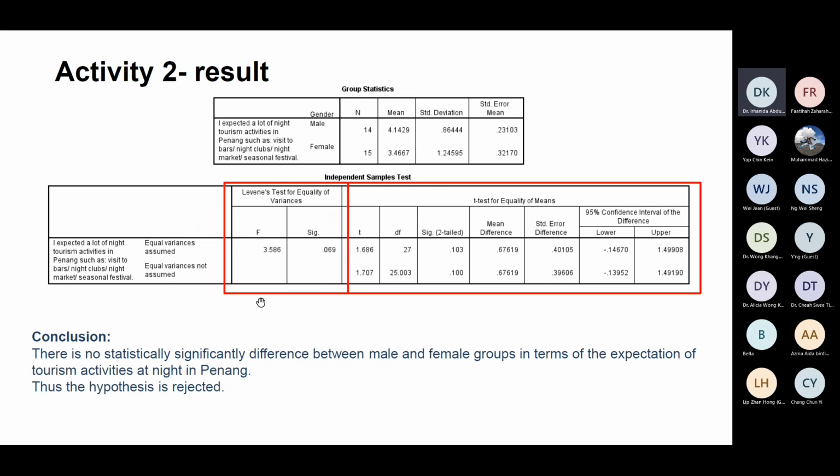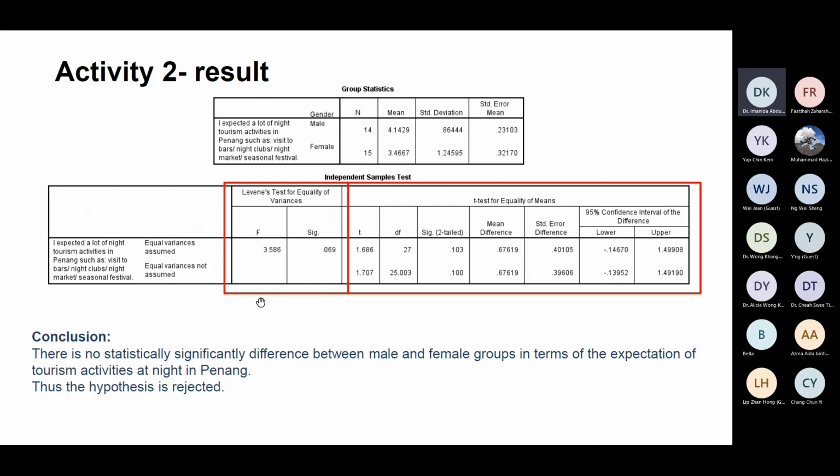Again, we are looking into the first row, Levene's test for equality of variances. The significant level here is slightly above 0.05, which is 0.69, so there is no statistical difference. After that, we take a look into the t-test box.